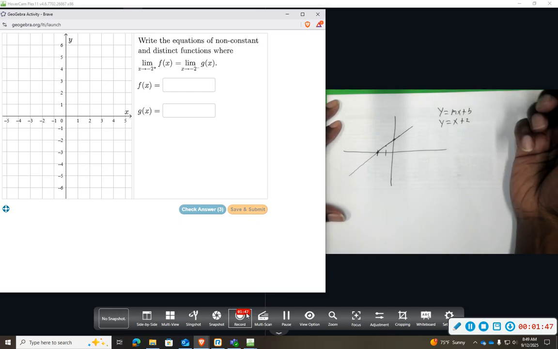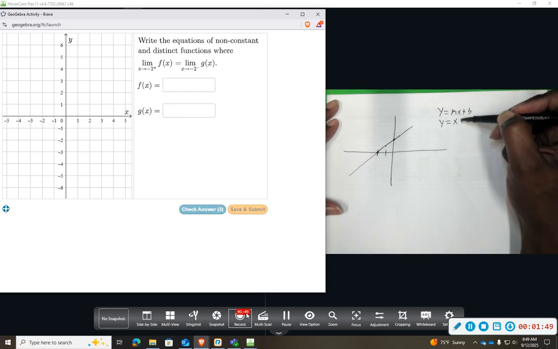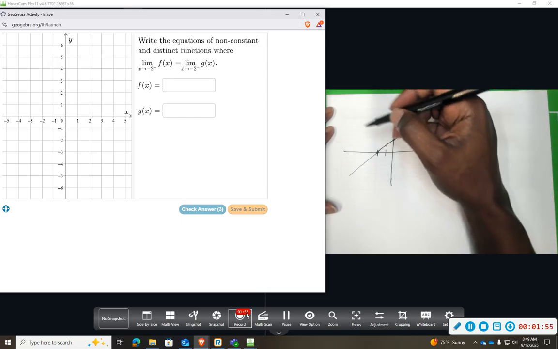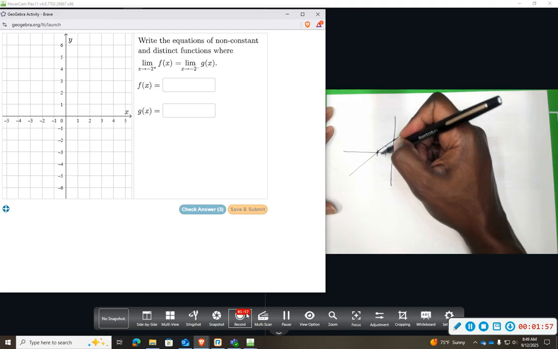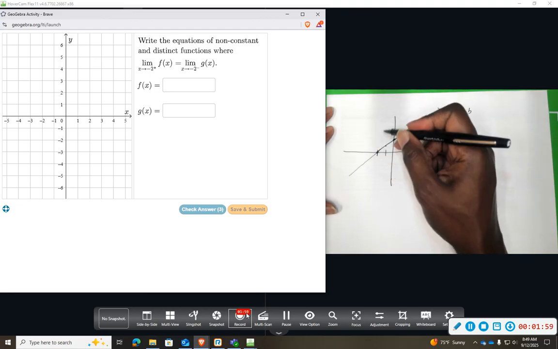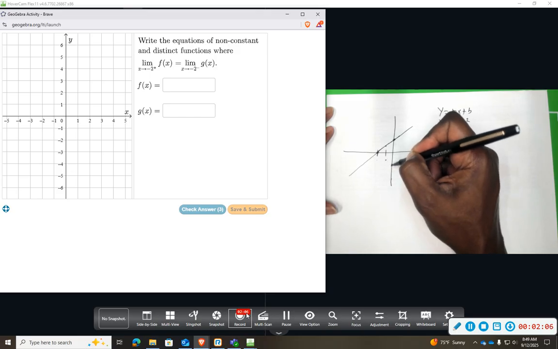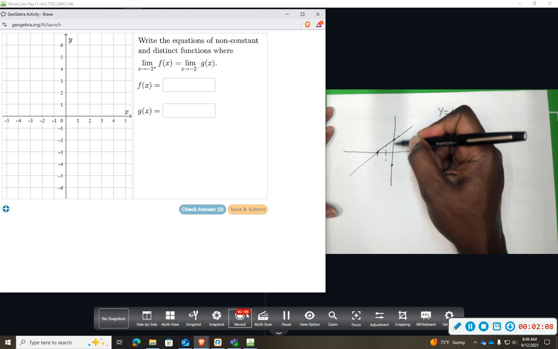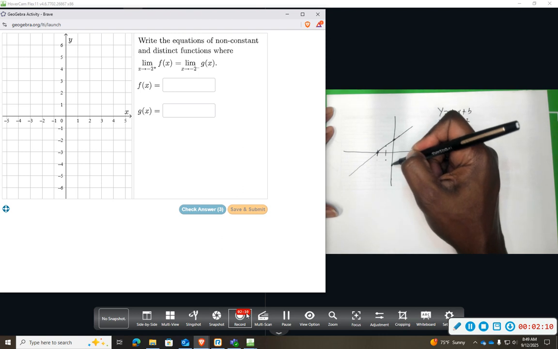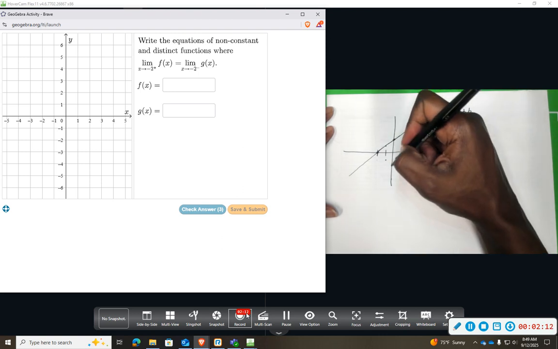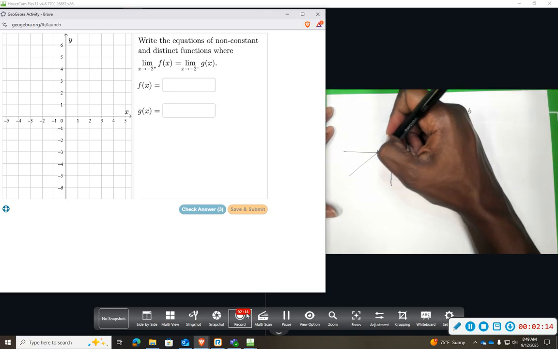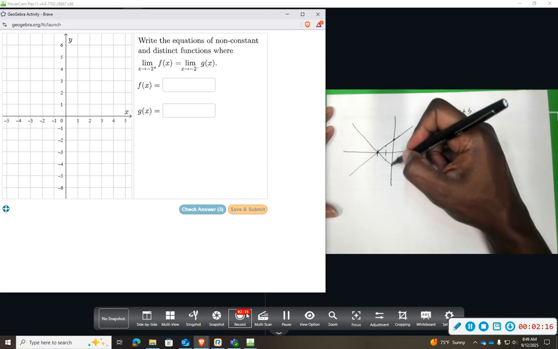And then I can do the same thing. I can just write the equation of a line that is perpendicular to this and just crosses right at this point. So instead of going up and right, I can go down 1 and right 1, down 1, right 1. So my intercept at this point would be -2, and then my slope would be a -1, and I could draw a line that intersects there.